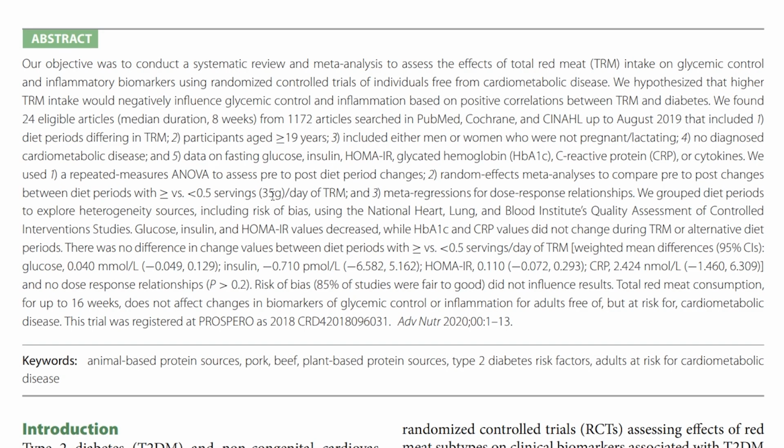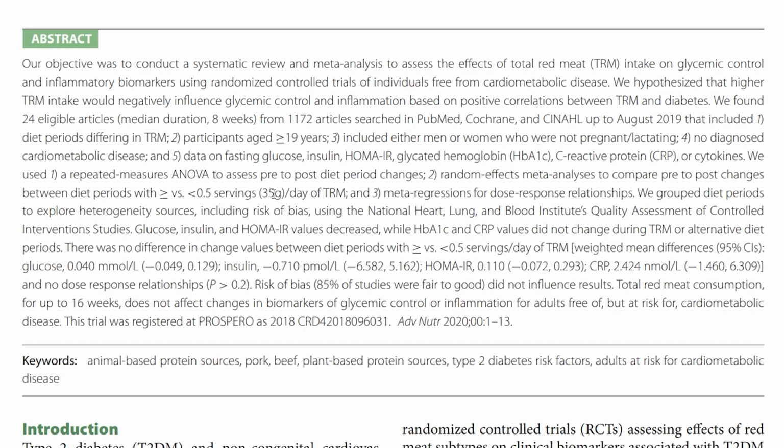Data on fasting glucose, insulin, HOMA-IR, which is a gauge of insulin resistance, which has become the gold standard test for that. Glycated hemoglobin, which just means red blood cells which have experienced a high degree of exposure to sugar. C-reactive protein, which is a marker of systemic inflammation. Or cytokines, which you will also find present in those who are inflamed.